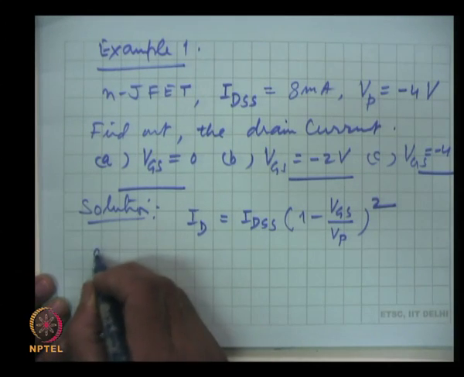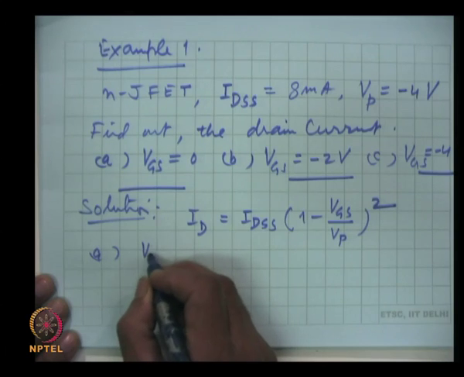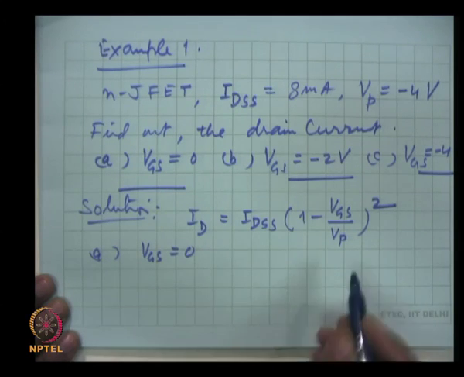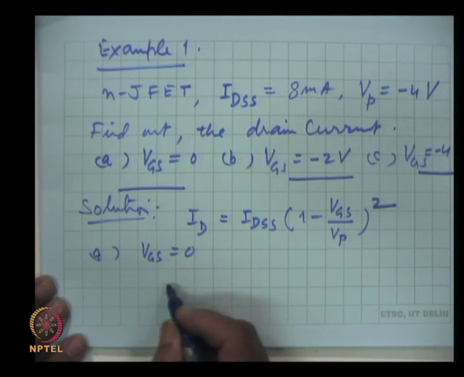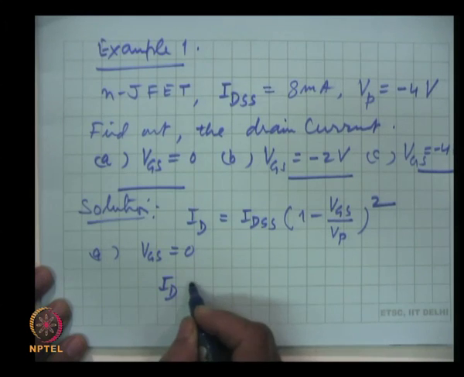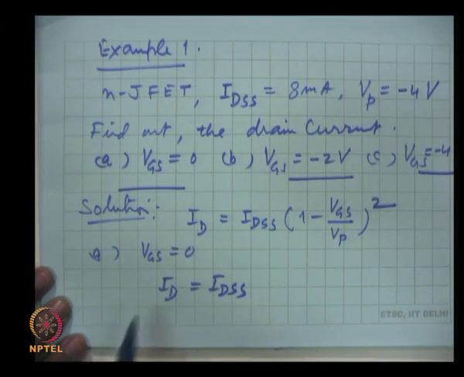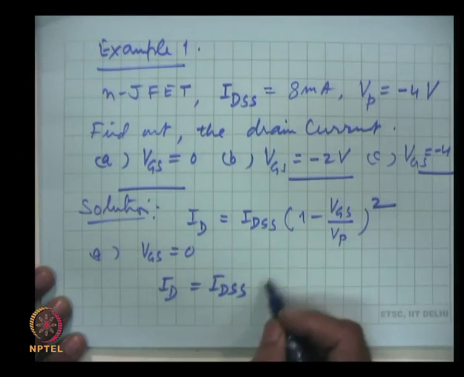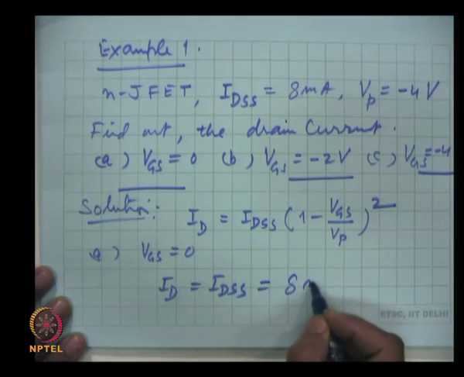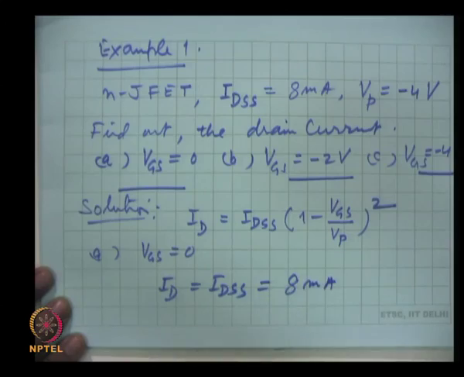Now A, VGS is 0. In that case ID comes out to be equal to IDSS. This is the definition of the current IDSS, and this is given as 8 milliampere.